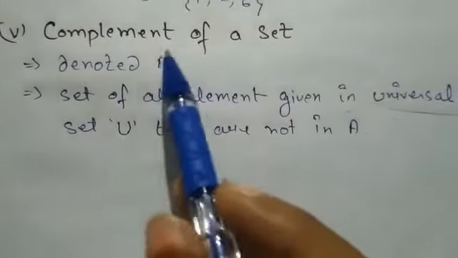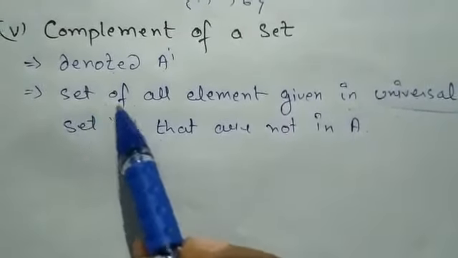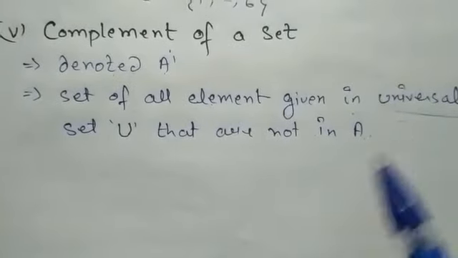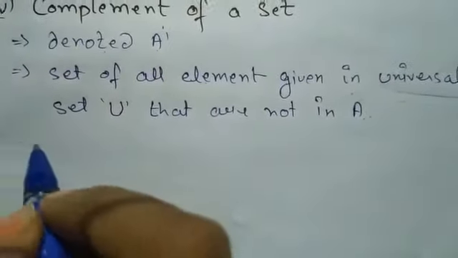Complement of a set. It is denoted by A dash. It is the set of all elements given in universal set U that are not in A. To elaborate this, let us understand it in detail.